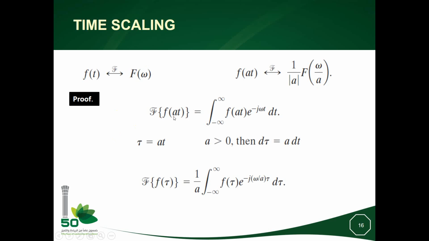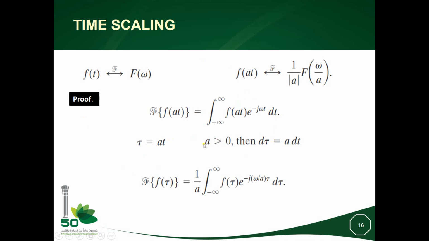By definition, the Fourier transform of f(at) is the integral from minus infinity to plus infinity of f(at) exponential minus j omega t dt. So we will do the change of variable tau equal to at. When a is positive, d tau is equal to a dt. In fact, this relation is always verified whatever a.